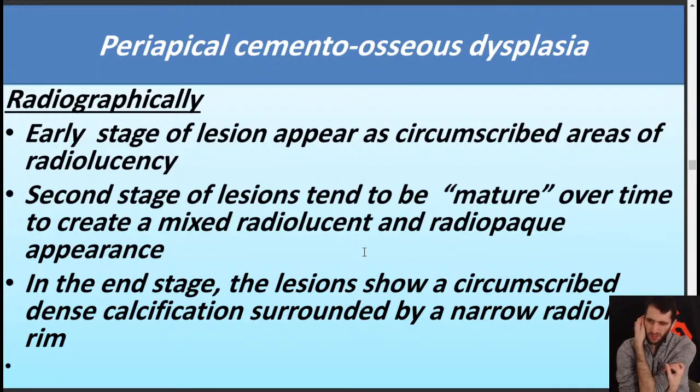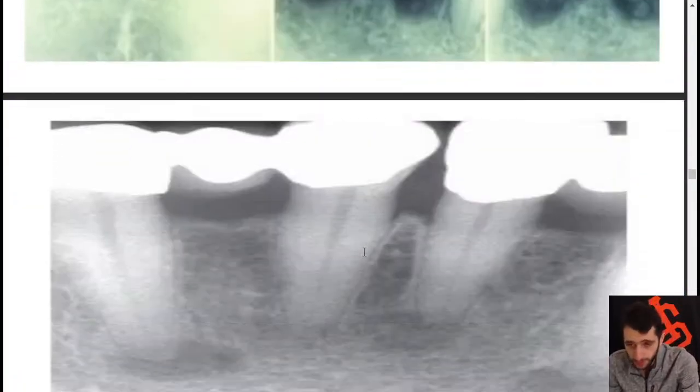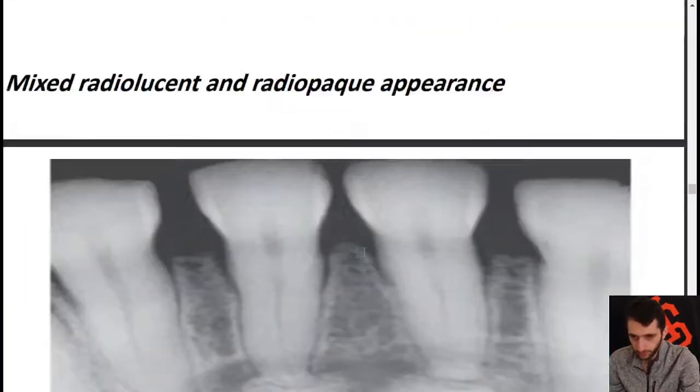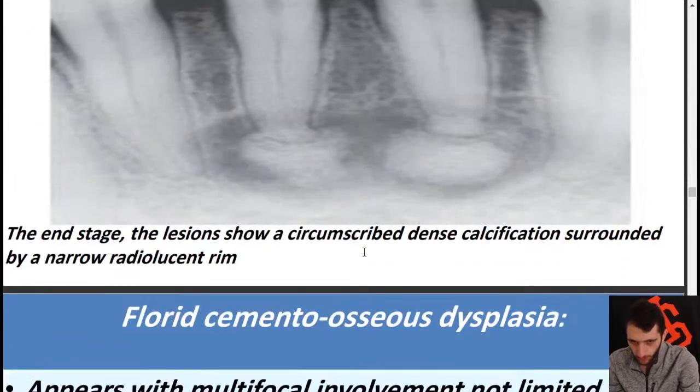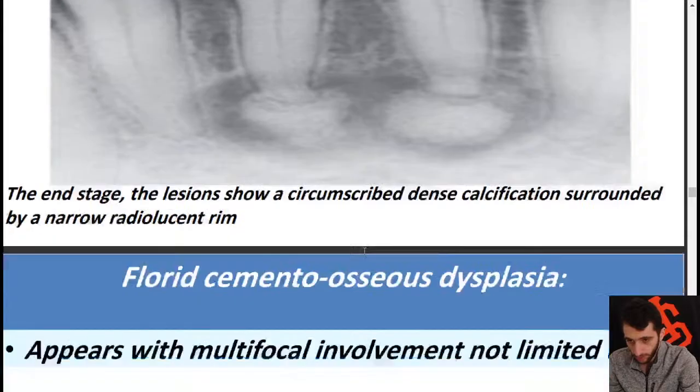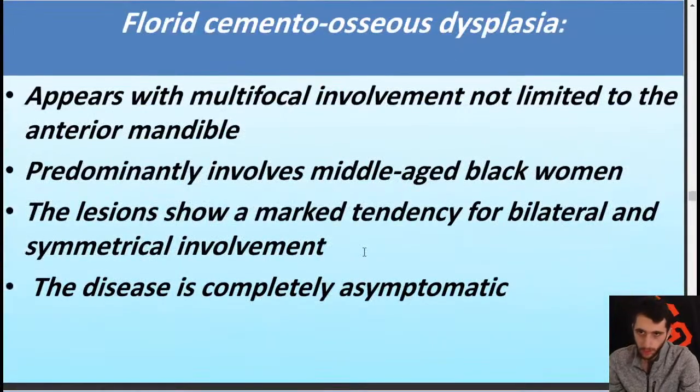And the final stage is circumscribed dense calcification surrounded by a radiolucent rim. The last type of cemento-osseous dysplasia is the florid cemento-osseous dysplasia.